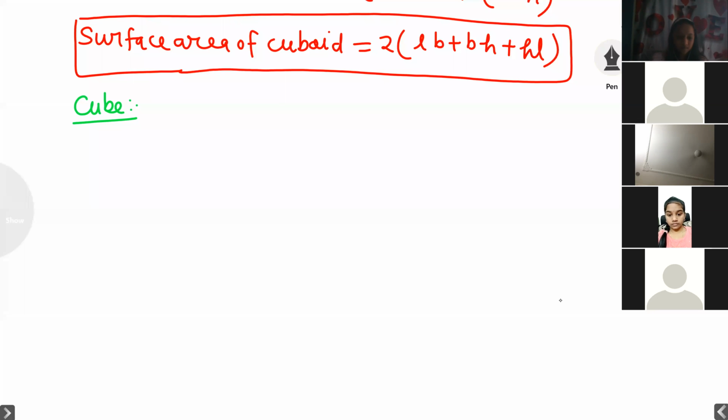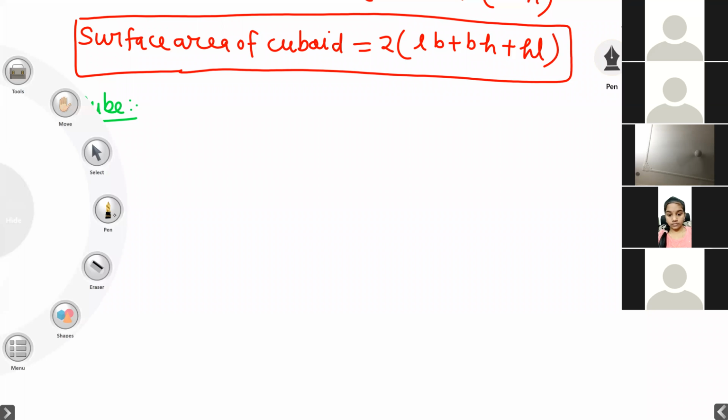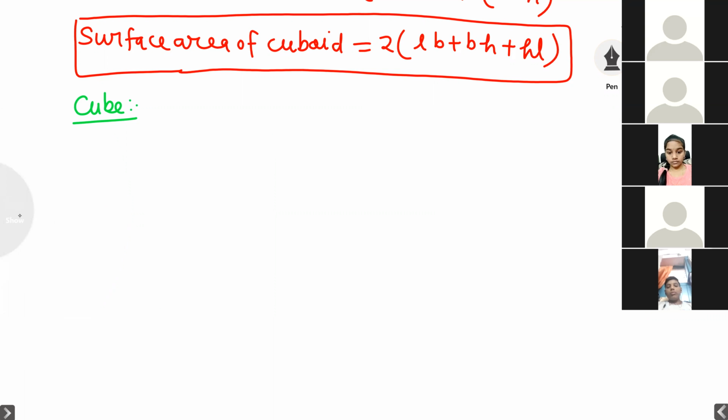Don't confuse cuboid. Sir, you are explaining cube, how is cuboid coming? Don't worry. First, listen to that statement very carefully.